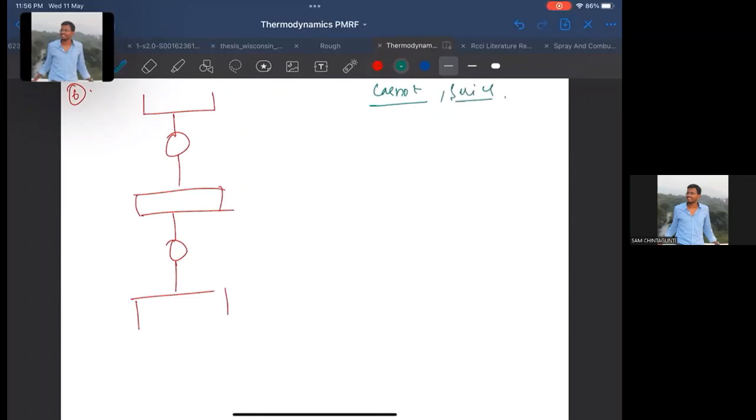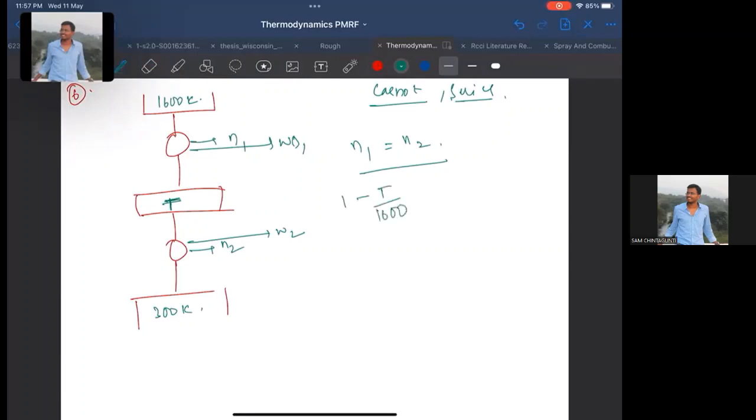The source of the first is 1600 Kelvin and 300 Kelvin is the sink of the second, and these have efficiency 1, efficiency 2, work done in 1 and work done in 2. Given efficiency 1 is equal to efficiency 2, and we have to find what is this intermediate temperature. So efficiency 1 is equal to 1 minus T by 1600, right? For this heat engine, T is your lower limit, so 1 minus TL by TH is equal to this.